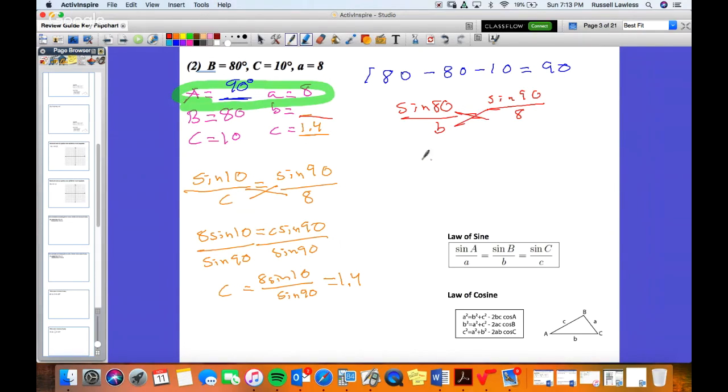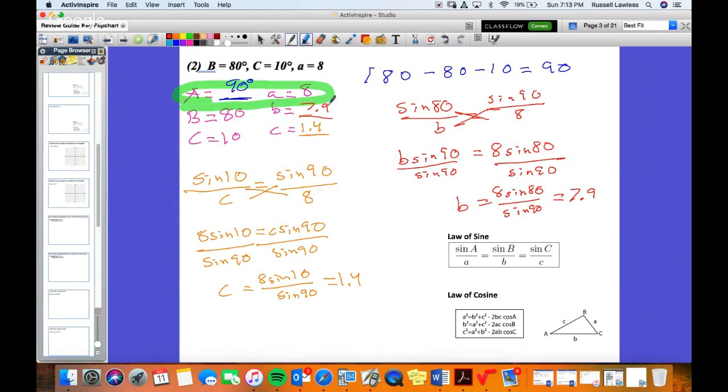When I cross multiply, that'll give me B sine of 90 is equal to 8 sine of 80. You then want to divide both sides by the sine of 90. So then B will equal 8 sine of 80 over the sine of 90. And then at the end, you just plug that into your calculator and you'll find out that it'll be 7.9.